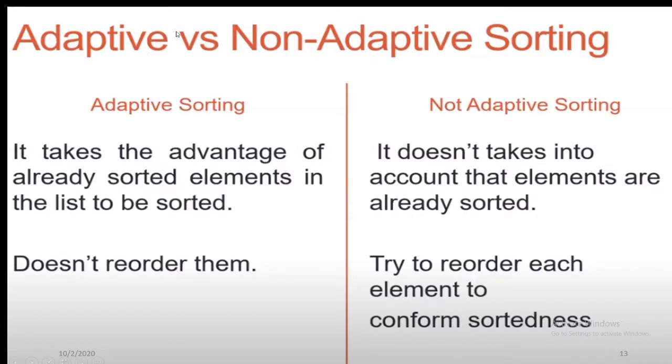As I said, adaptive doesn't reorder them, while in non-adaptive it will try to reorder each element to confirm sortedness. It will forcefully do it. As you can see, if we adapt to some environment, we adopt every change and try to fit ourselves into that particular environment.